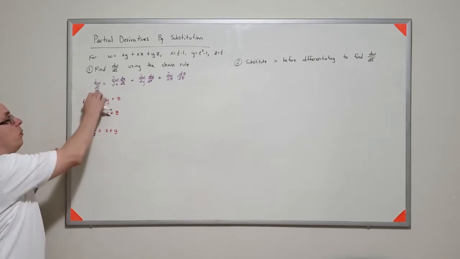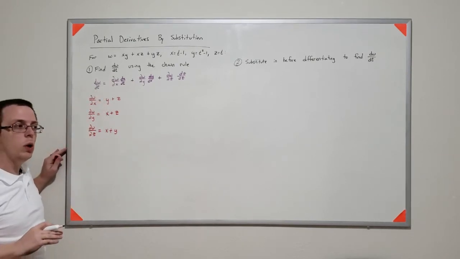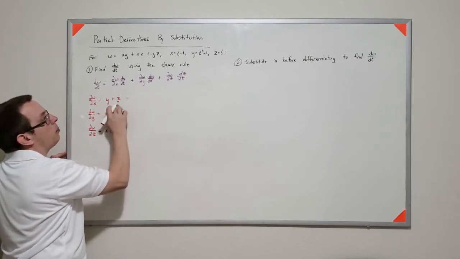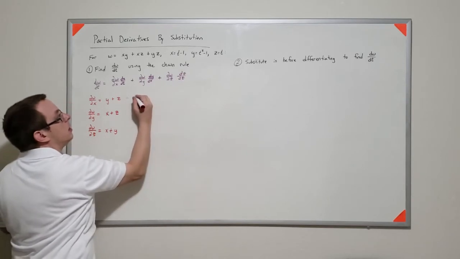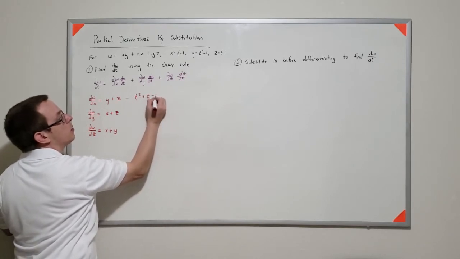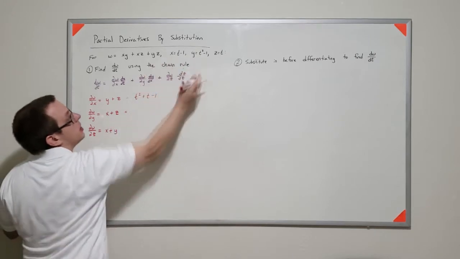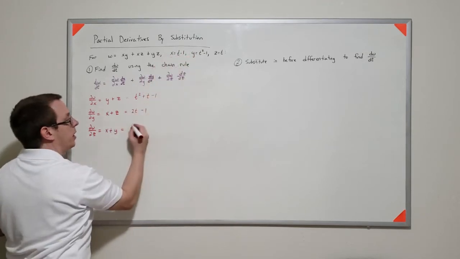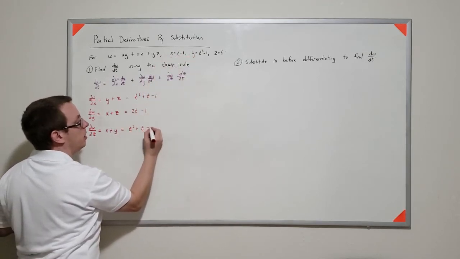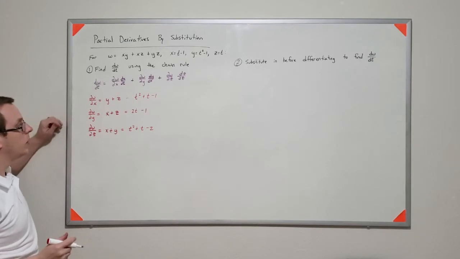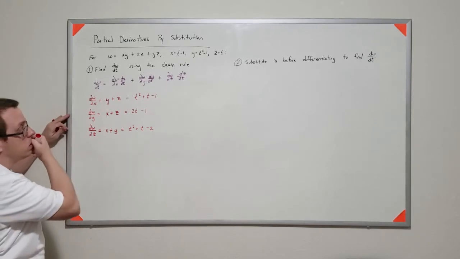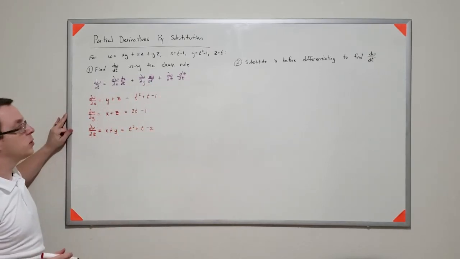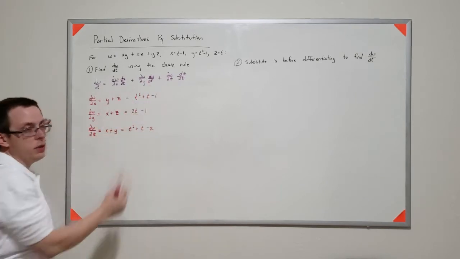But the problem is that, again, we always want this in t. So we need to convert these to functions of t. So y plus z is t squared plus t minus 1. X plus z is 2t minus 1. And x plus y is t squared plus t minus 2. So now I need to get the derivatives of x, y, and z with respect to t.